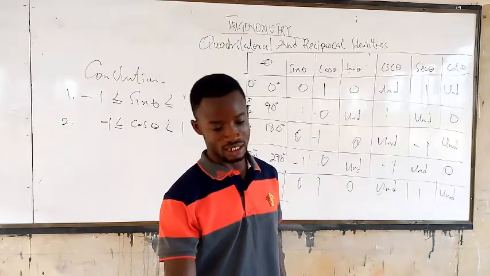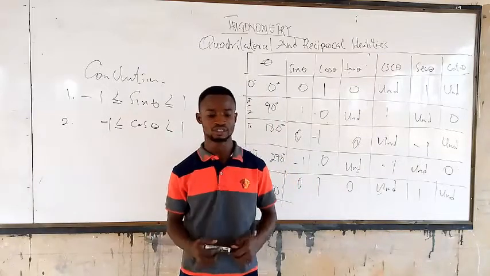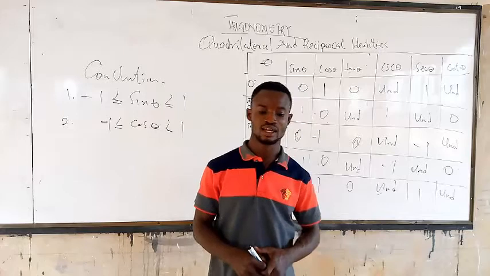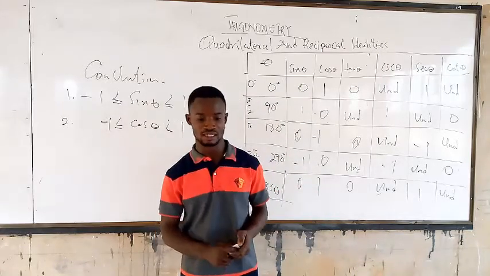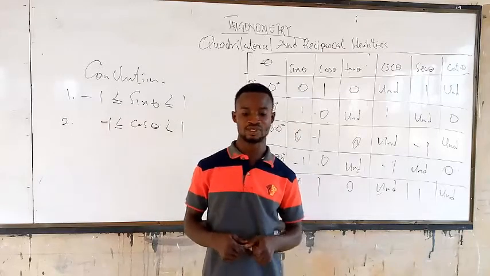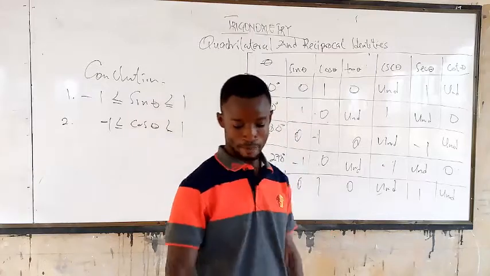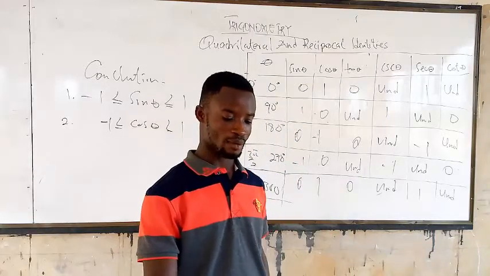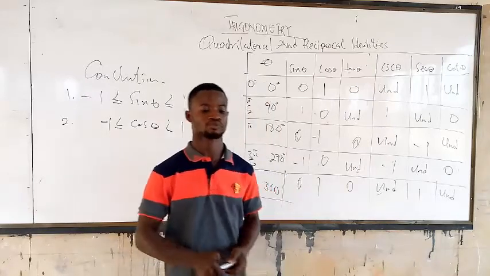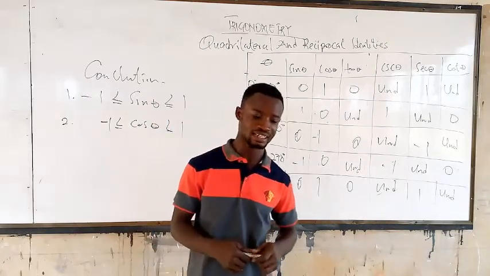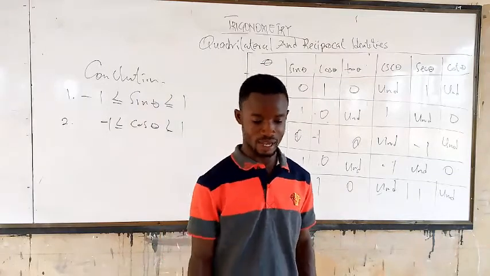Alright, so thirdly, we say that the domain of cosecant and cotangent is all real numbers except pi n, where n is an integer. In case you are writing, I'm coming back again with the conclusion. The first one is that the domain of sine and cosine is all real numbers.